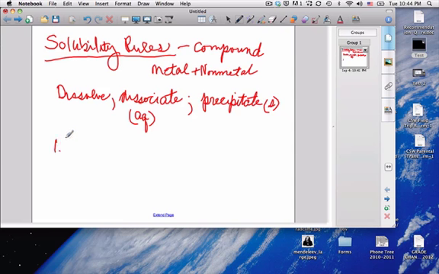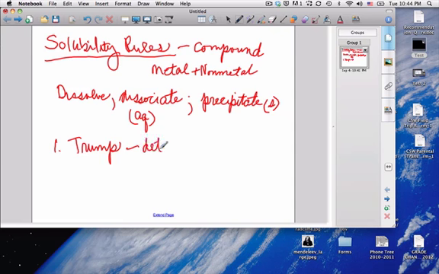And the first rule on there I call trump cards, because if these are present, these cations and anions, then it doesn't make any difference what else they're paired with. They determine the solubility.